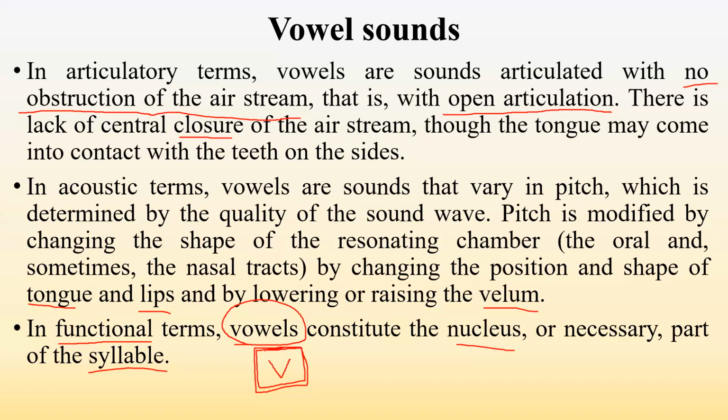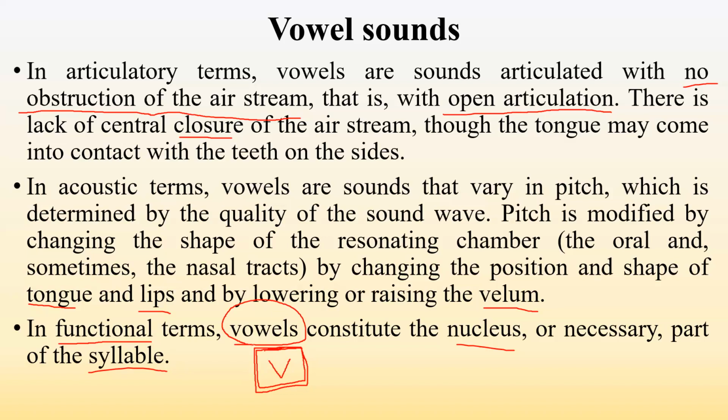And in the third point, we talked about the function of vowels. So practically or phonetically, we can recognize vowels to be present in the central part, right? Vowel occupies the central part, the most important part inside a syllable. So without a vowel, there is no syllable.